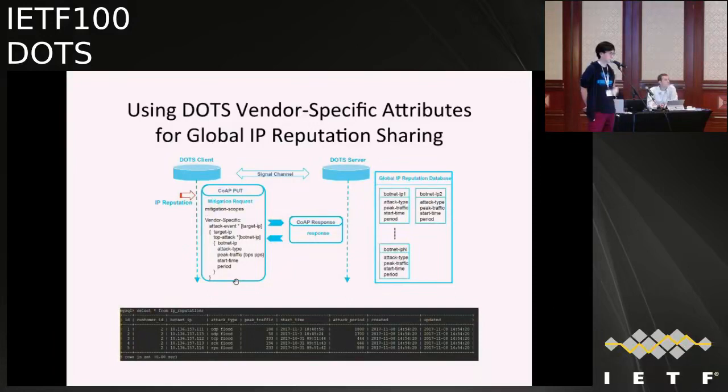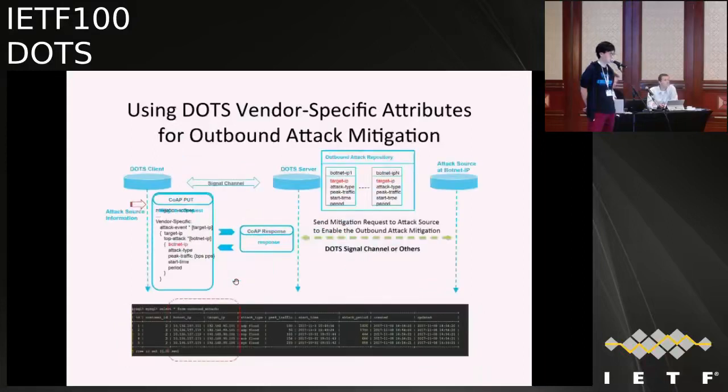Another thing is that we think near source attack mitigation is also very important. So we also tested how to extend the current DOTS protocols to do outbound or near source attack mitigation.